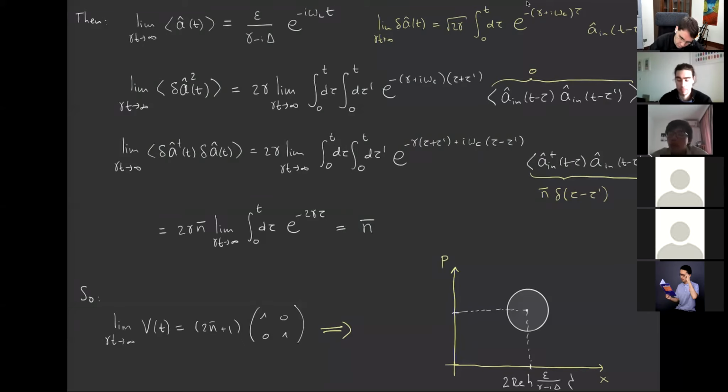And for the momentum, we get 2 times the imaginary part of the same quantity. Okay? And the width of this Gaussian distribution is just the square root of 2n plus 1.